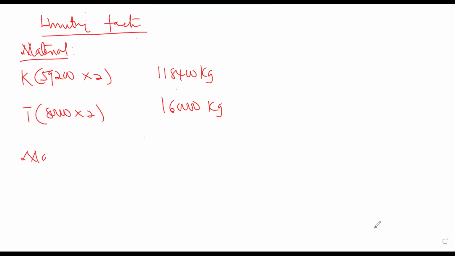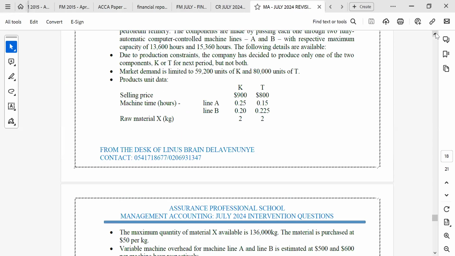Okay, so let's come to the machine. So we have two machines. Let's have machine A and machine B. So machine A, if we are producing product K, what will be the total machine hours that we'll be using there? 14,800.